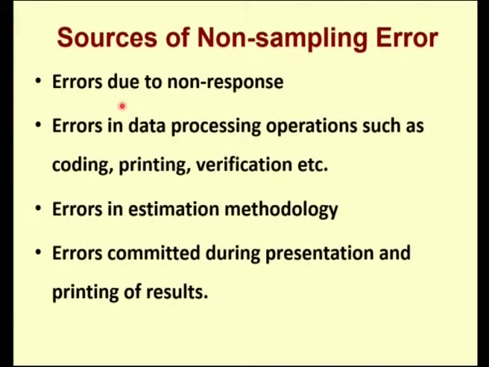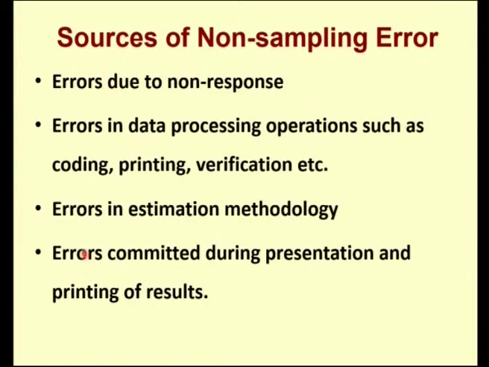And some more sources of non-sampling errors: errors due to non-response, errors in data processing operations such as coding, printing, verification and so on, and errors in estimation methodology. We have seen already that the role of sampling survey is to develop estimation methods to study population parameters or population characteristics. So, errors in the estimation methodology are considered sources of non-sampling error, as are errors committed during presentation and printing of results.